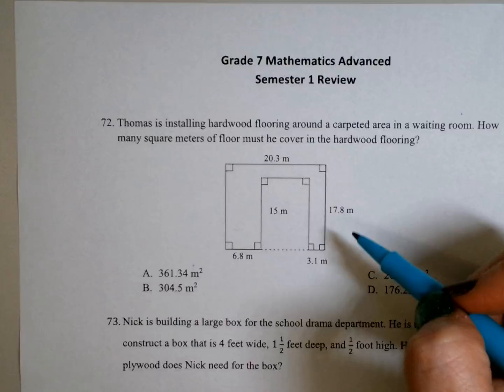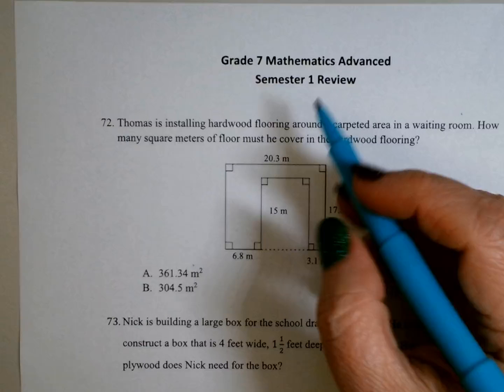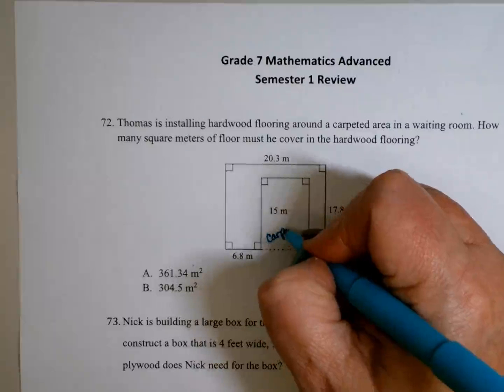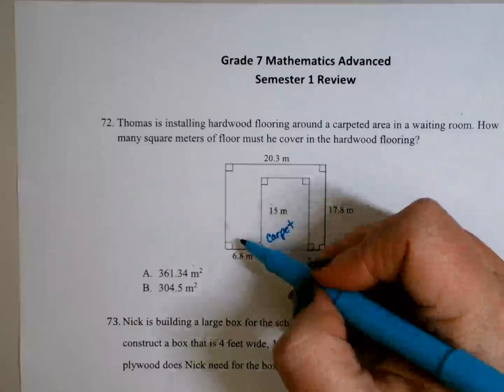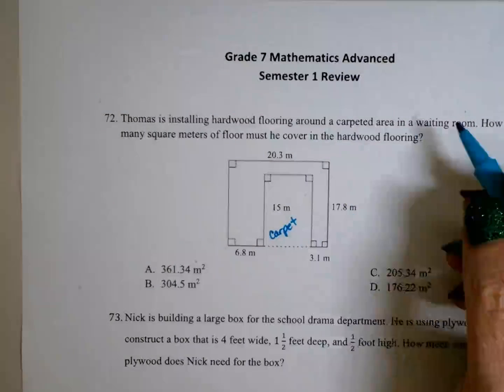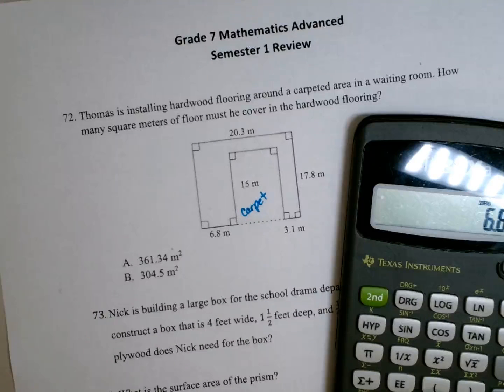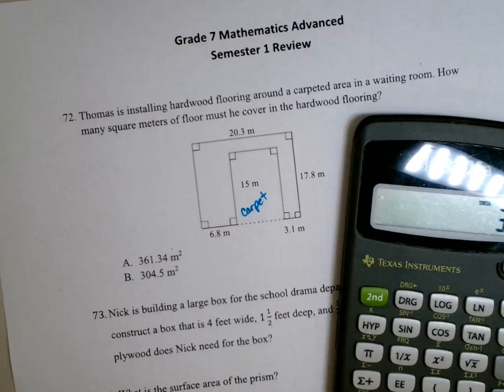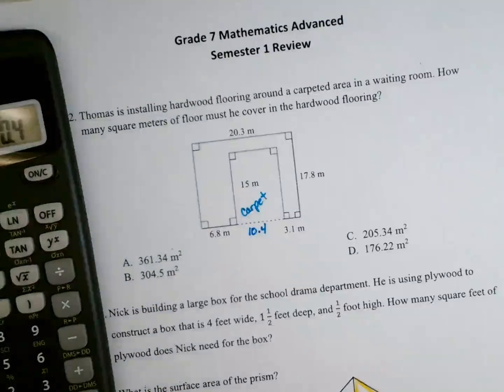Okay? So, if I know this whole thing is 20, or it's 20.3, 20.3 minus this 6.8 minus this 3.1. That means this is 10.4, that section right there.